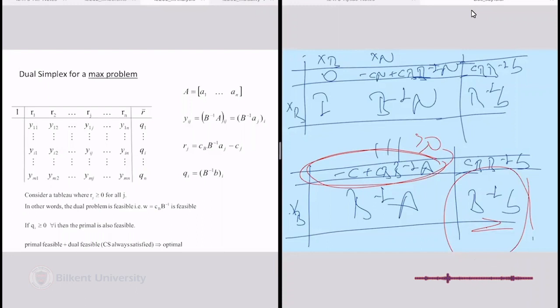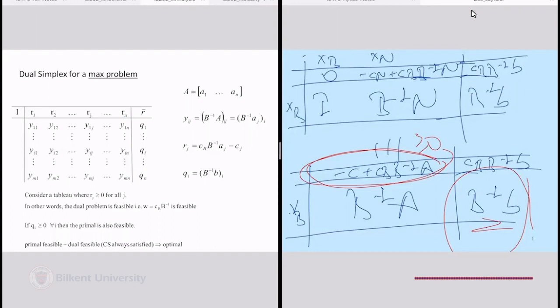Now let's derive the machinery for the dual simplex algorithm. Again, we're going to do it for a max problem as we did in the primal simplex, okay? For the sake of dual, we're renaming our entries.